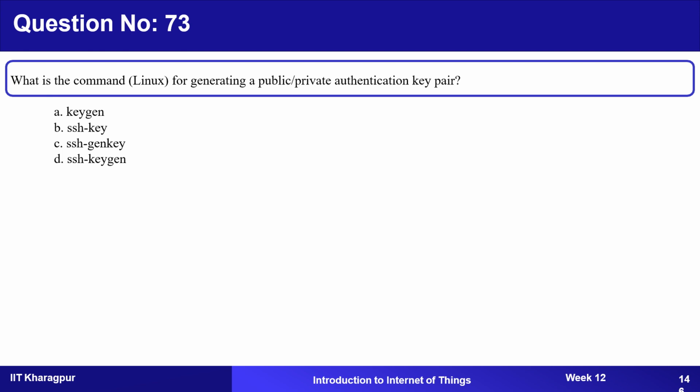C, SSH gen key. Which command in Linux is for generating a public-private authentication key? Anyone else? The correct option for this is D.